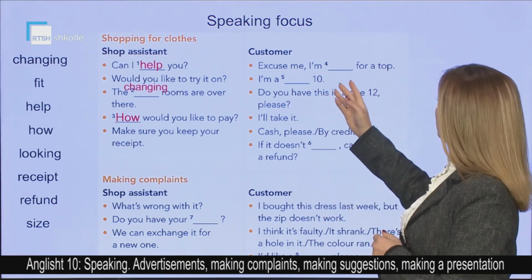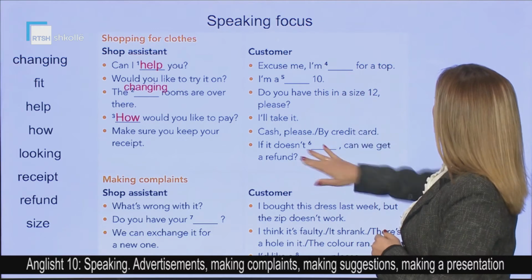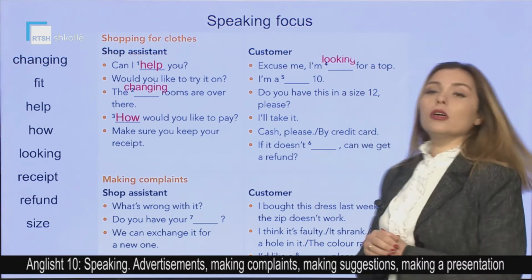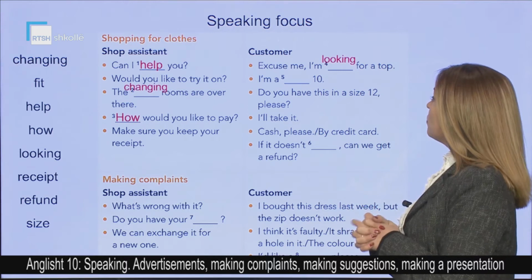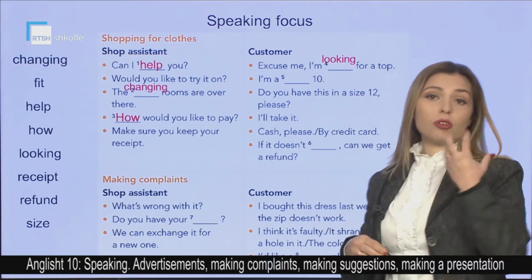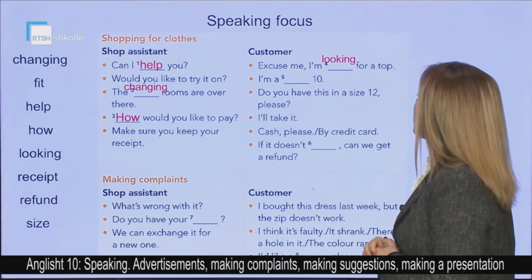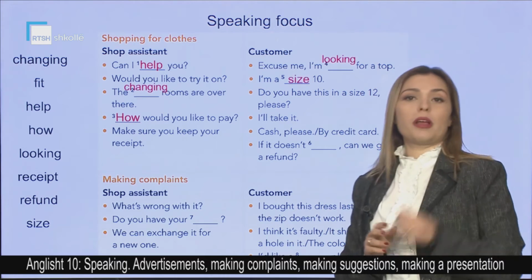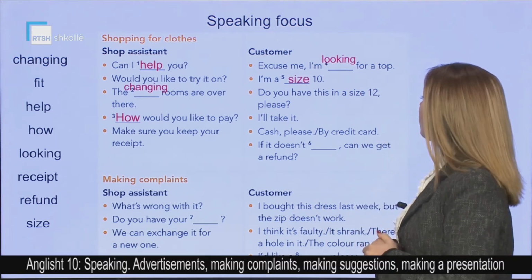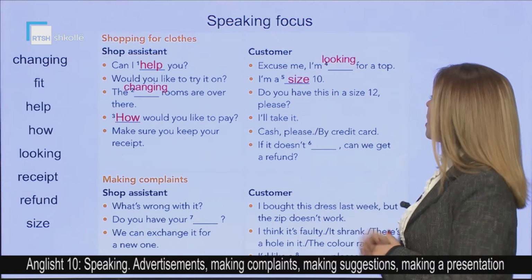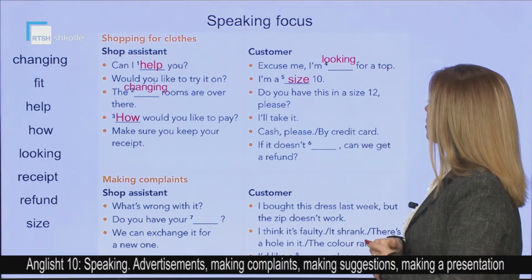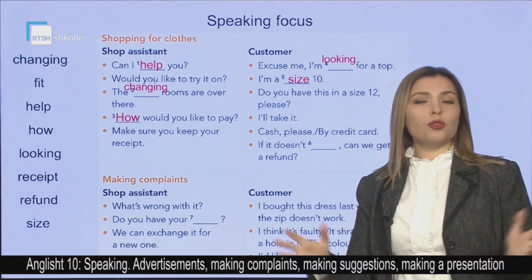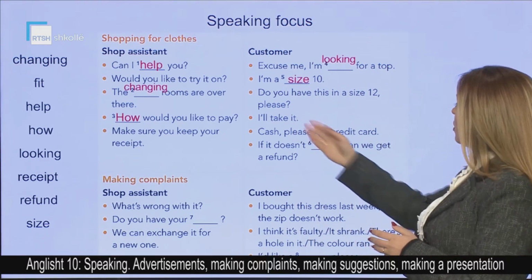I'm looking, for example, for a top, when you're searching for something specific. Or when you know your size, you say, I am a size 10, for example, I am a size 12. Or when the customer is asking, do you have this in size 12, please? When you have decided that you are going to take that, I'll take it.